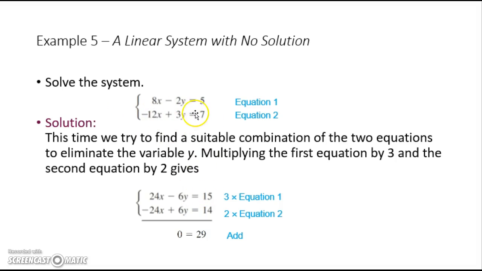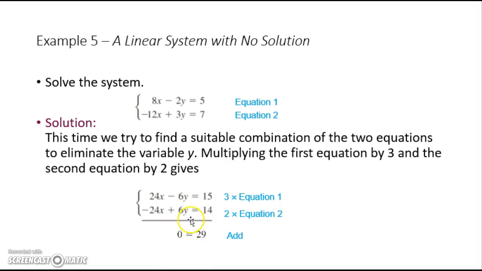And if we multiply the bottom equation by 2, that would give us negative 24x plus 6y equals 14. And so we eliminate the x's. It turns out in this situation we also eliminate the y's, and we wind up with 0 equals 29.